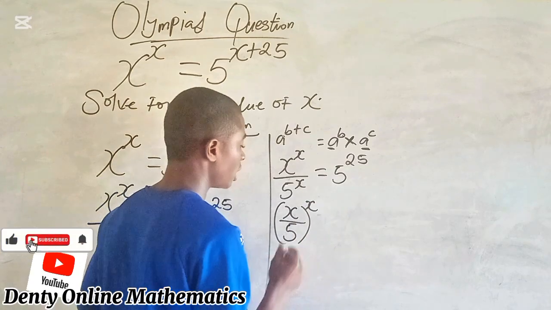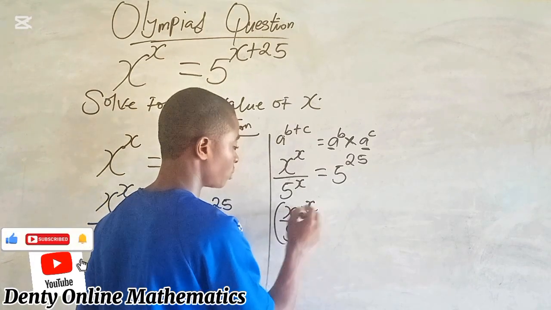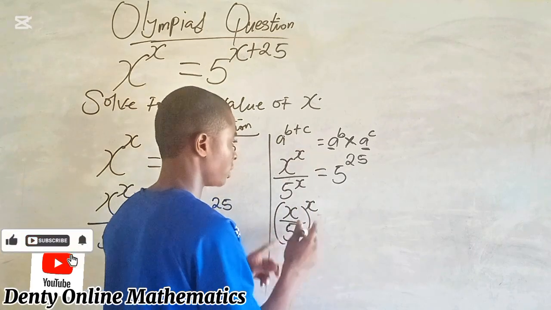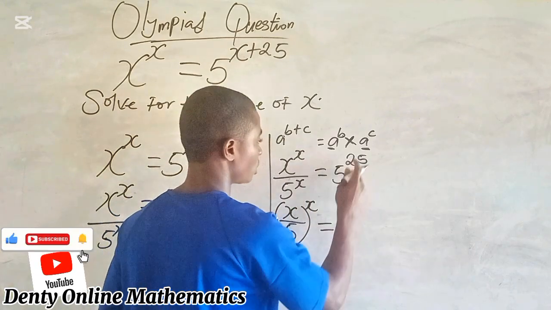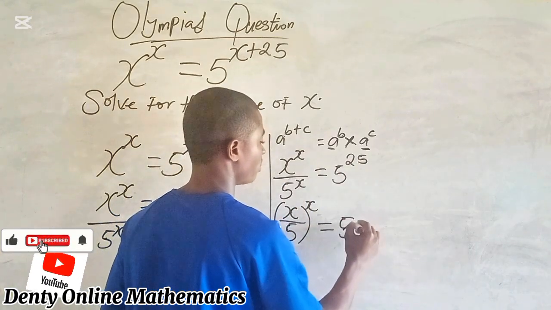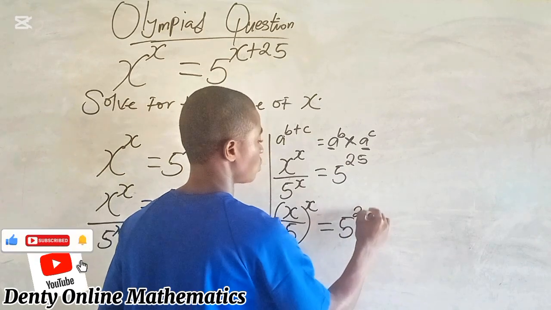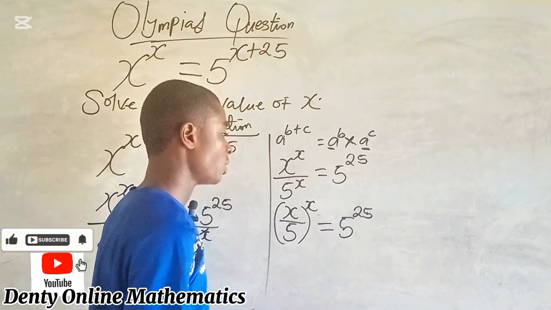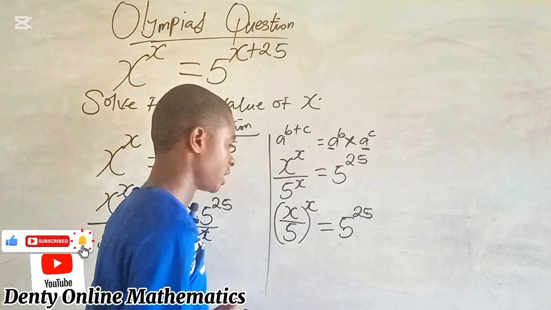So this x will share this x, this 5 will share the x. So that is what happens here, to be equal to 5 raised to the power of 25. Remember, we are looking for the value of x.